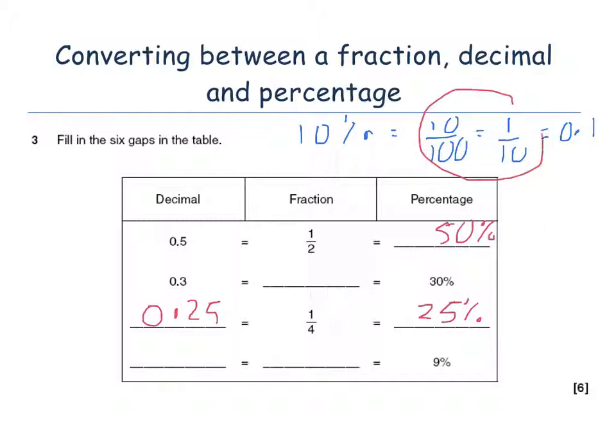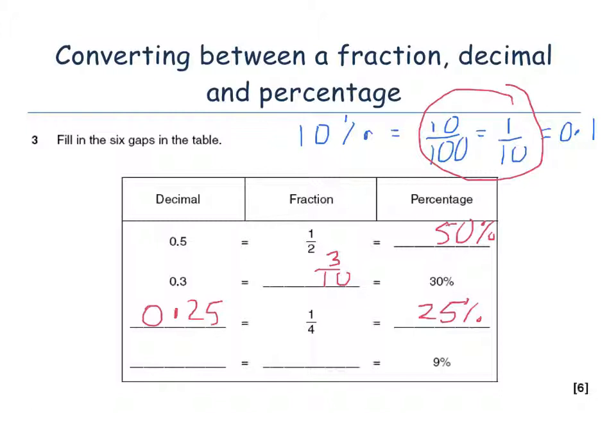Now, this fact here should help us with finding 0.3 as a fraction or as 30%. If we know that 0.1 is the same as 1/10, then 0.3, which is 3 times more than 0.1, should be 3/10. And as we said, percentages mean out of 100.